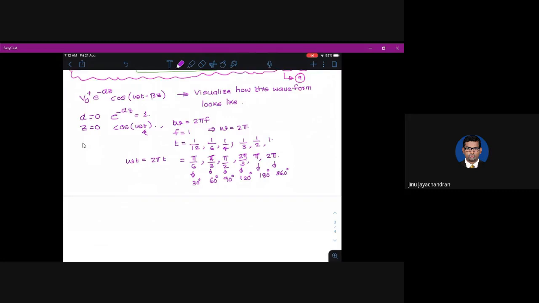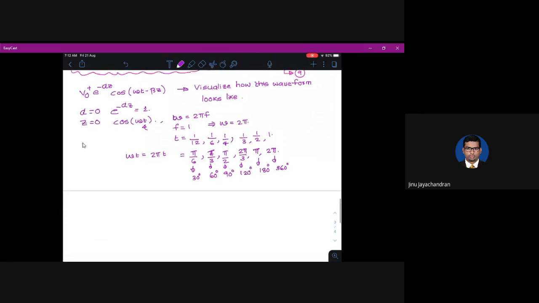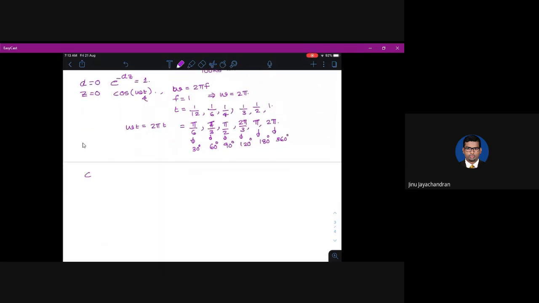The t will take values ranging from 0 to infinity, but we are going to plot only for these values. So basically the cos of omega t for these values is cos 30 degree, cos 60 degree, cos 90 degree, cos 120 degree, cos 180 degree, and cos 360 degree.